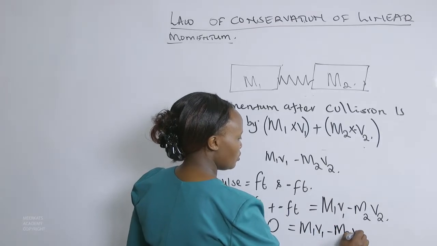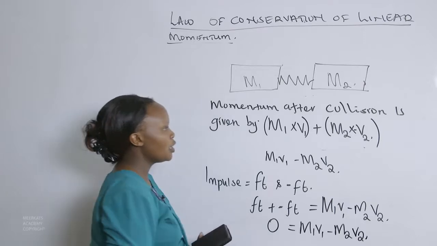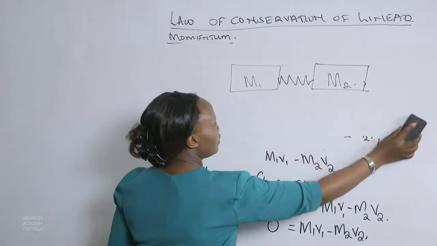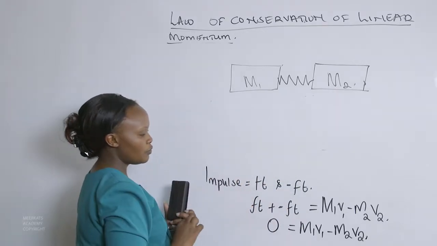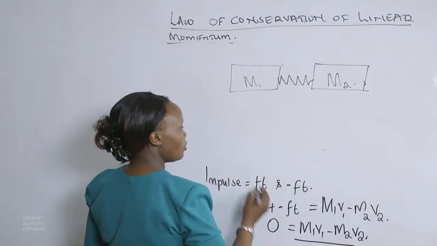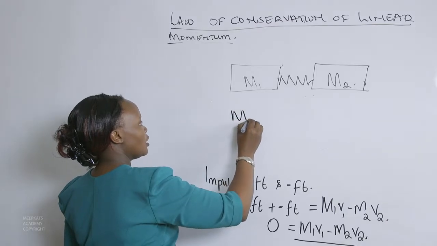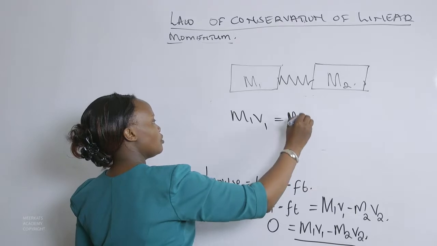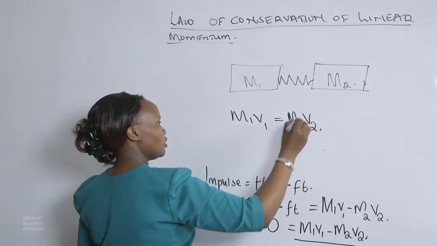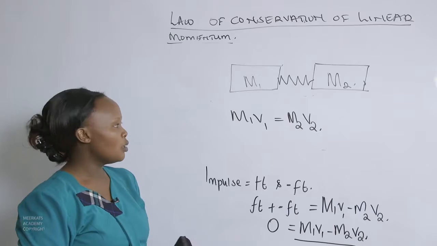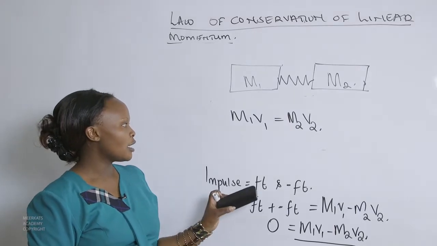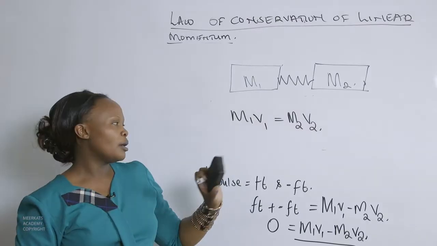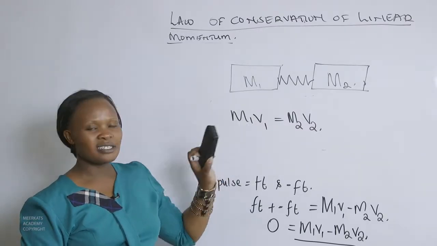Therefore, from our equation, we can now formulate that m1 v1 is actually equal to m2 v2, which means that for this system of ours, momentum does not change.